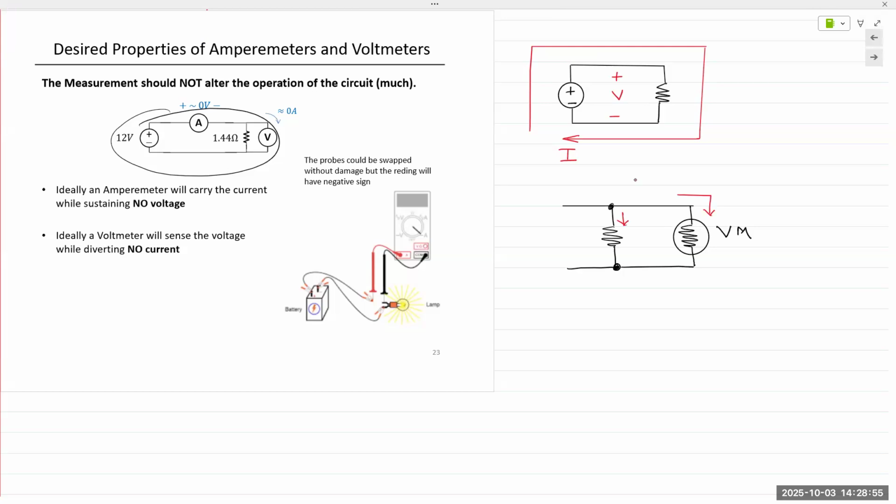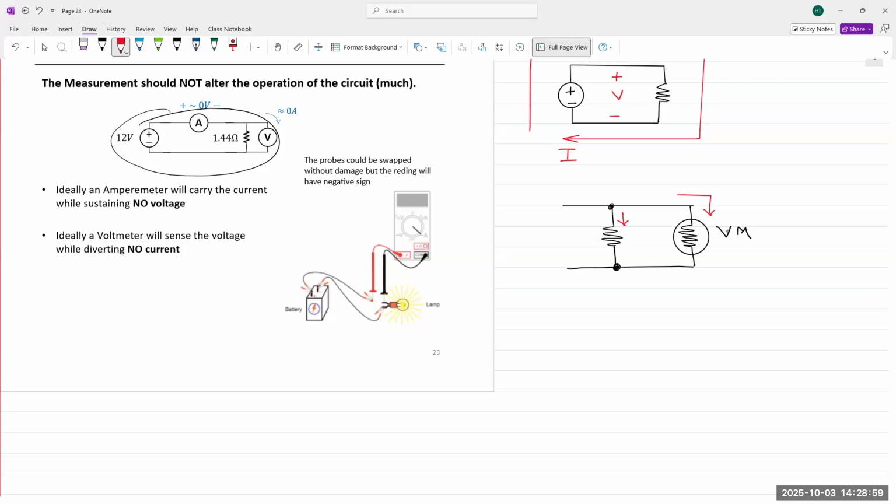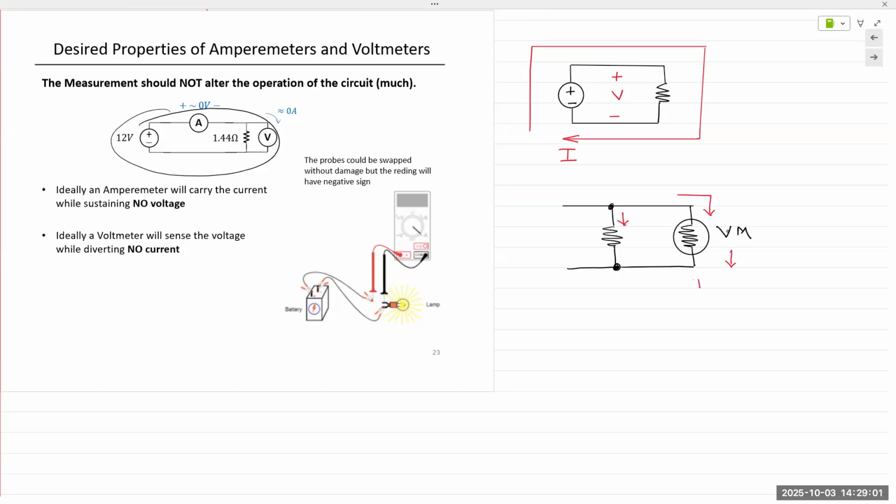So a desirable property for a voltmeter is to have a resistance that is infinite ohms or very, very high. Ideal voltmeters should be infinite.